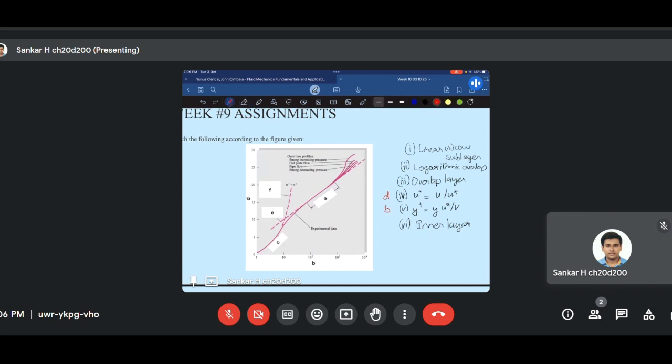Now, what is next? Let's start from the bottom, which is option C, where you can see that it is actually the inner layer that is being portrayed as per the discussions given in the class.